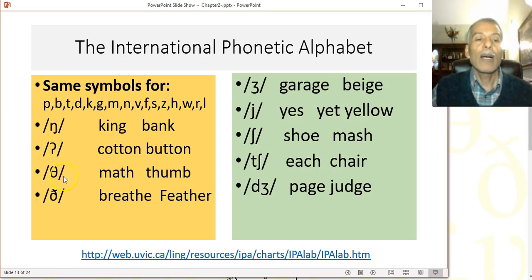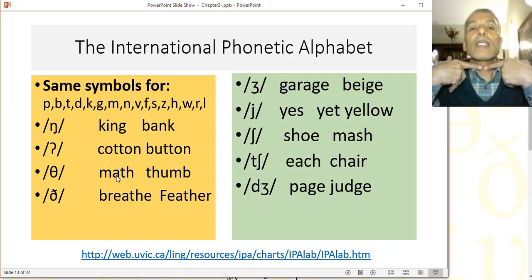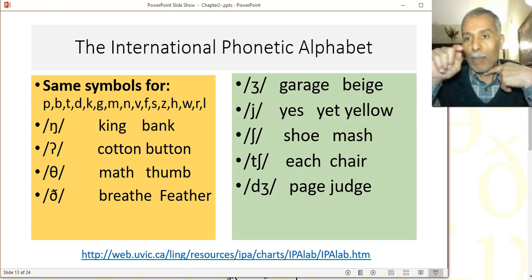And this is the theta, as in math, thumb. That is a sound that doesn't have vocal fold vibration. So any sound that doesn't have vocal fold vibration, we call it a voiceless phoneme. We write V minus. That means voiceless.